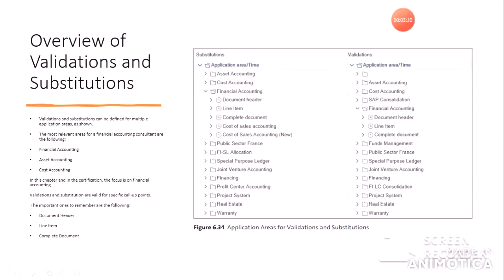So in this chapter and in this associate certification, the focus is on financial accounting. Validations and substitutions are valid for specific call-up points. So the important ones to remember are the document header, line item and the complete document.